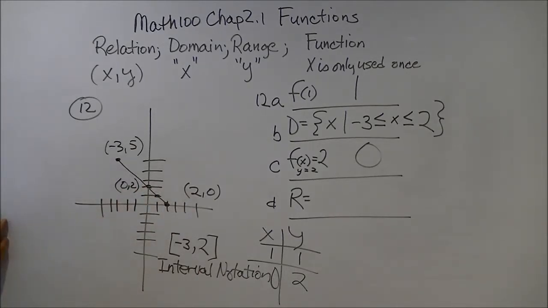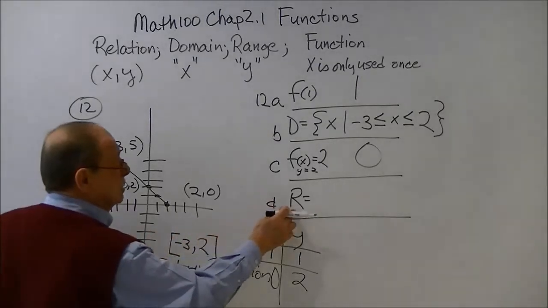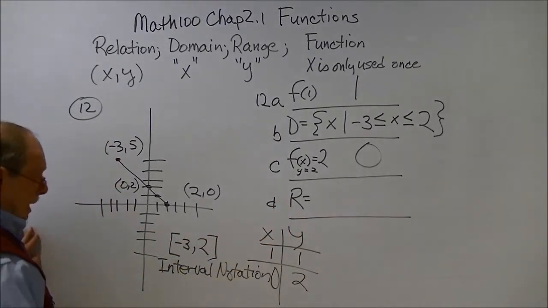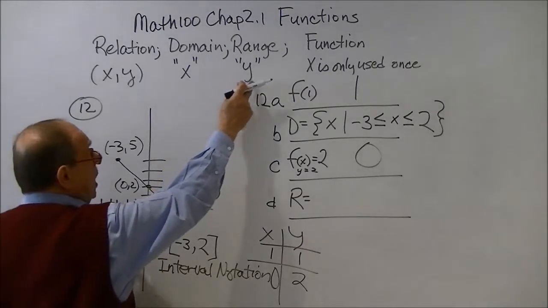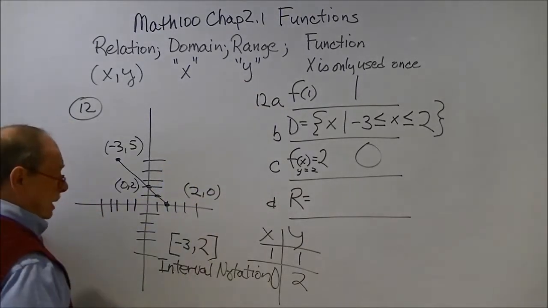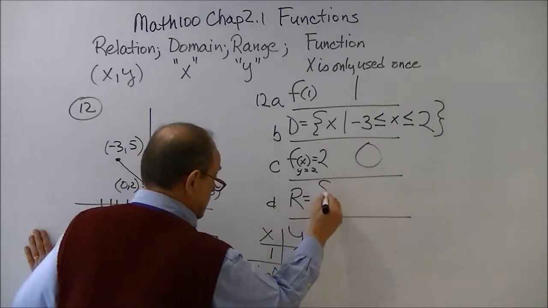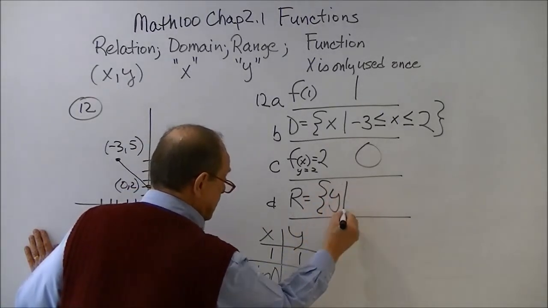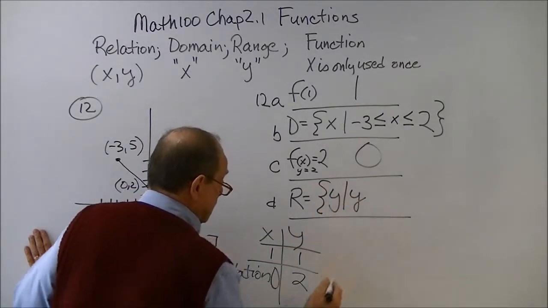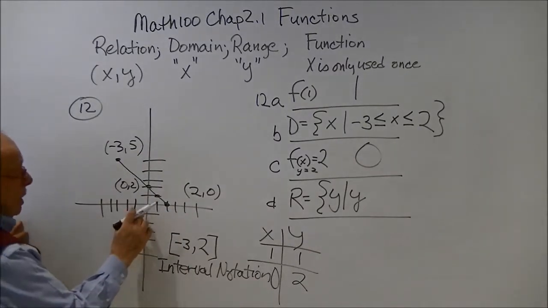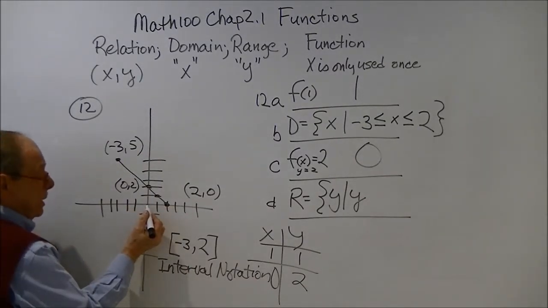And then the last one is, what is our range? And range are y values. So we're going to say y is such that y is what? Well, notice this is our y here.